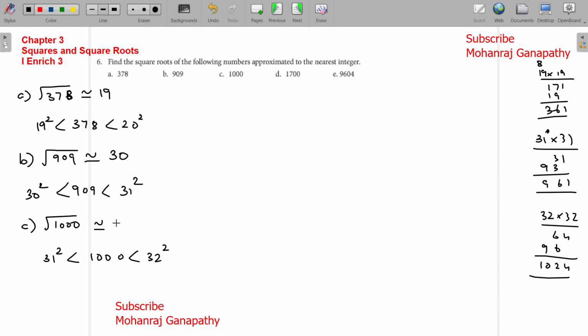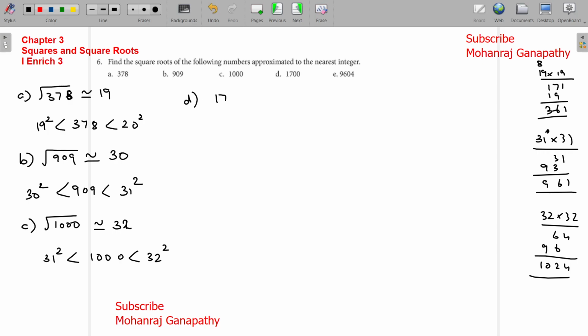So its approximate value is near to 31. Between 31 square and 32 square, right? 31 square is 961. So it is approximately 32, because it is very near to what? 1024. That is, 32 is the answer.